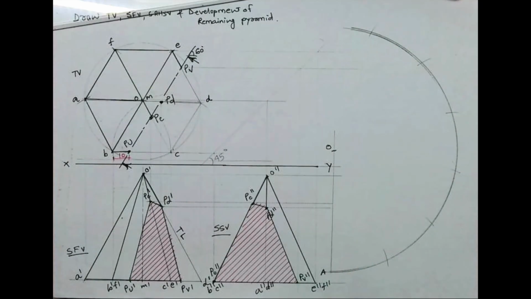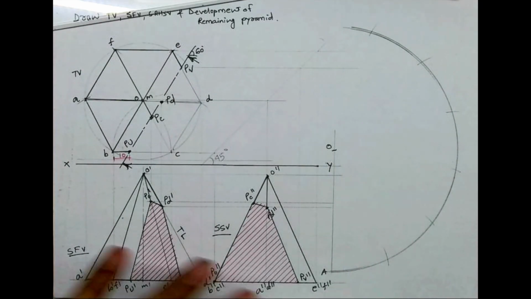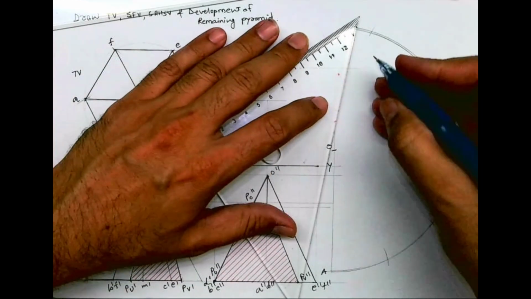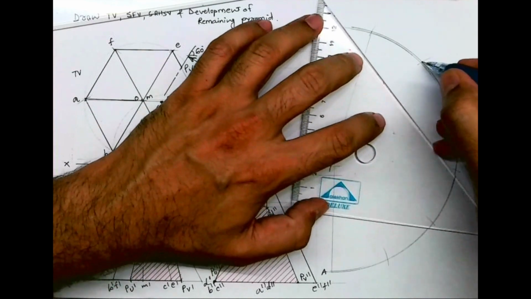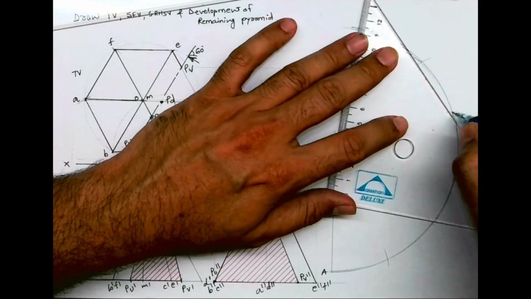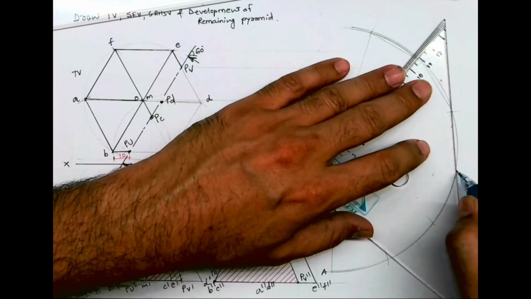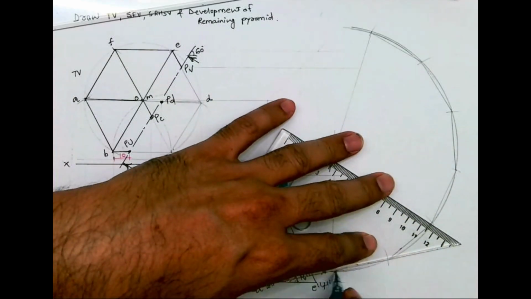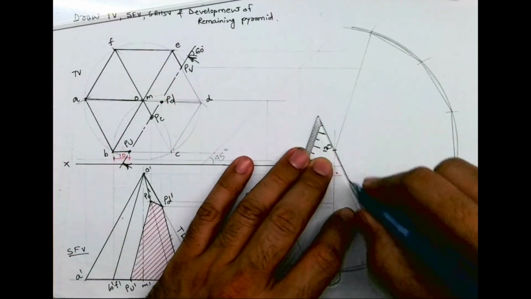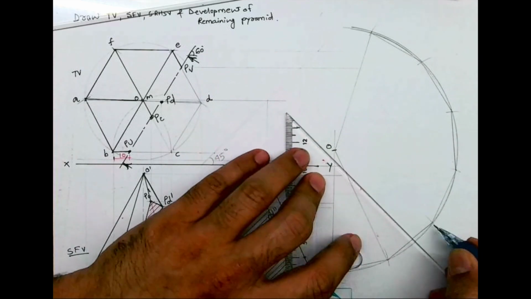See, remember, we can start from A, we can start from B, any point we can start. We are starting from A. Now we join all these points.